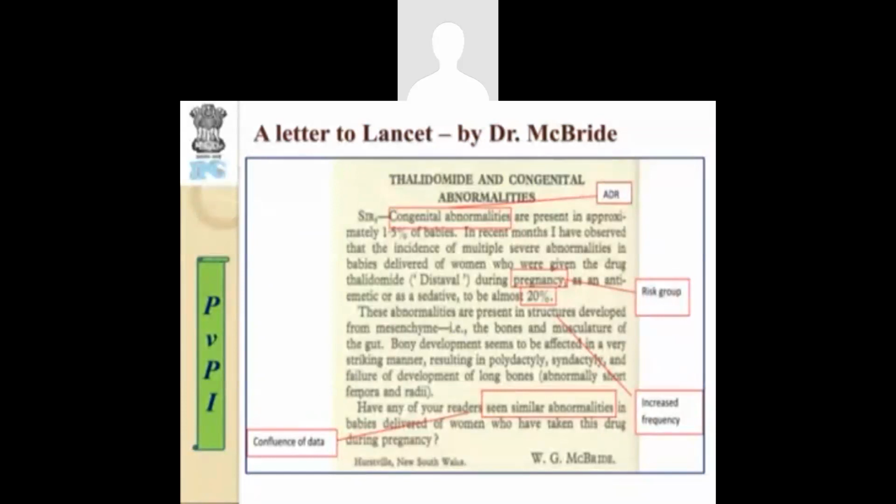He urged others reading the article, if they come across such events, to write a letter to The Lancet or some publication regarding their observed data. His letter reached all over the world, everyone woke up and started reporting the cases they had received, and later it was found that this was a disaster due to thalidomide.